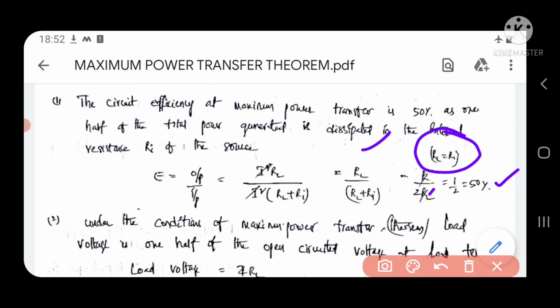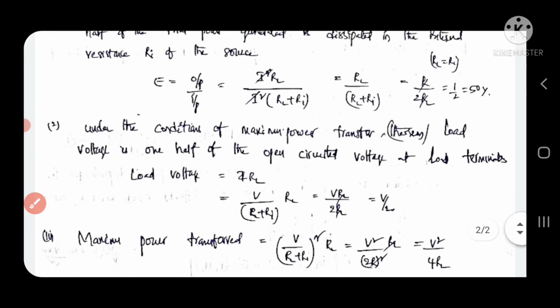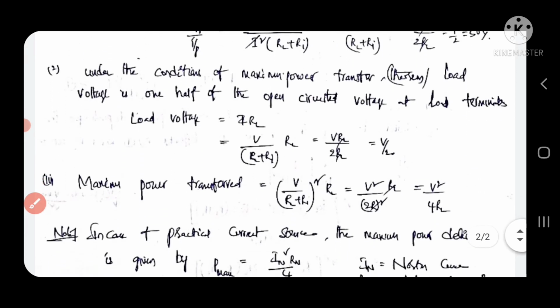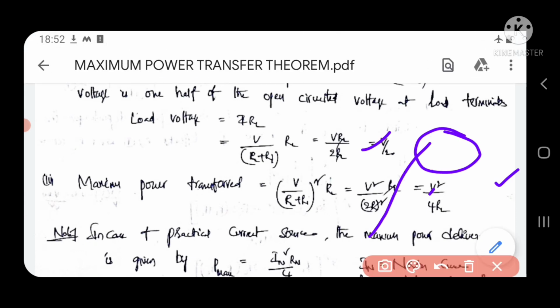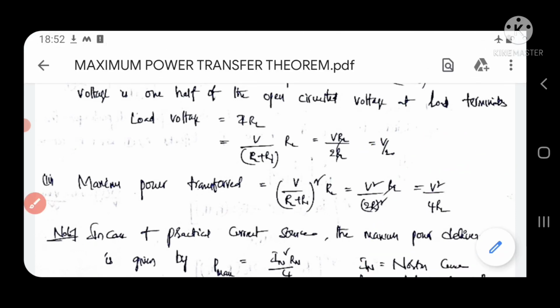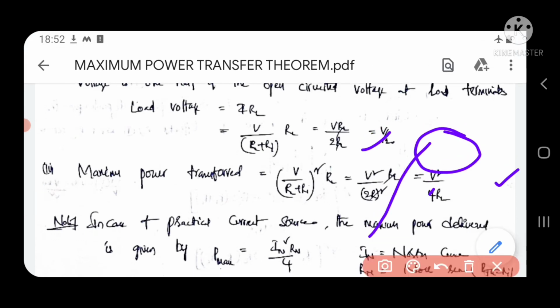Second thing is that under the conditions of the maximum power transfer theorem, the load voltage is one half of the open circuit voltage at the load terminals. Suppose you are finding the load voltage, it is the load current passing through the corresponding load resistance value, therefore V is equal to IR.